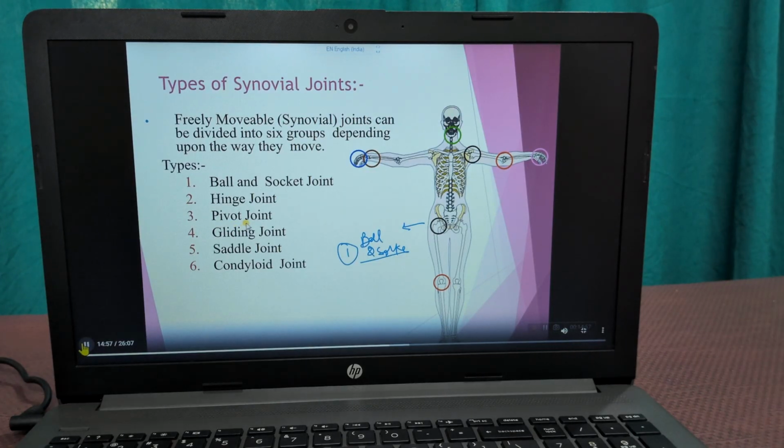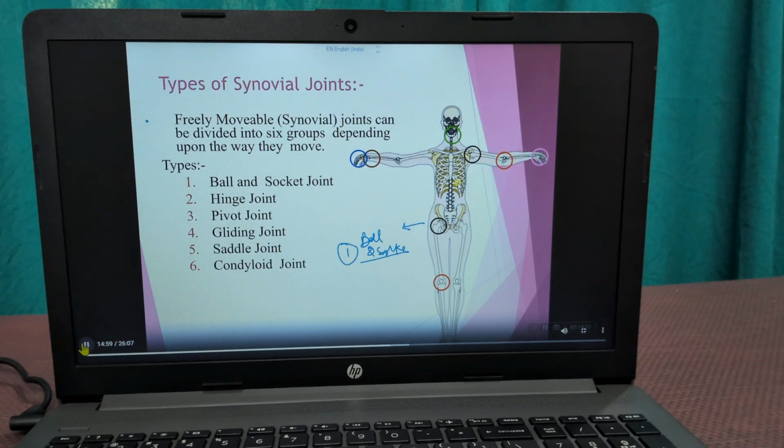And where is the hinge joint? The hinge joint is between the humerus and radius.